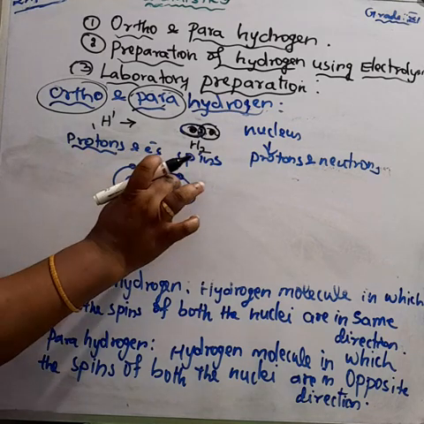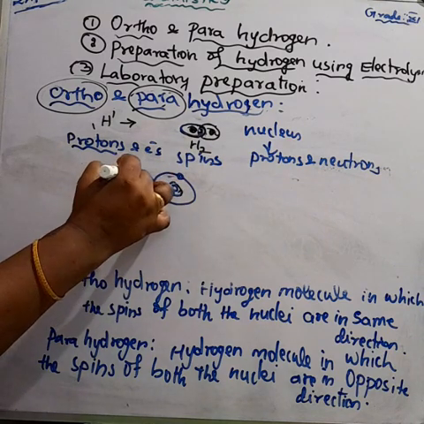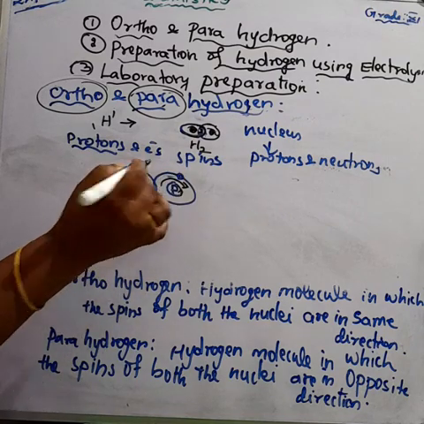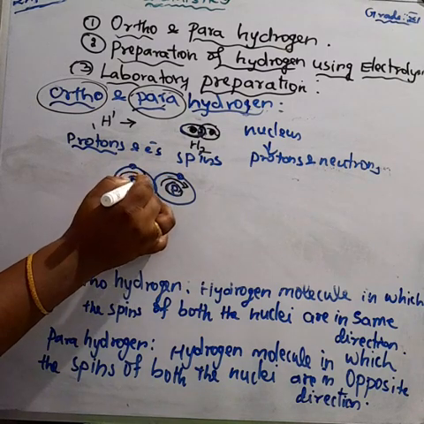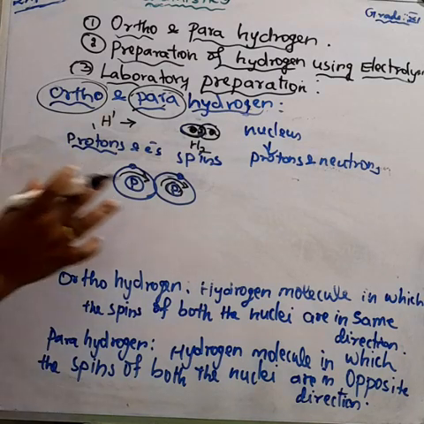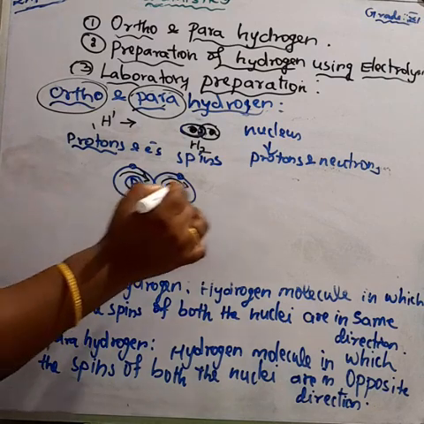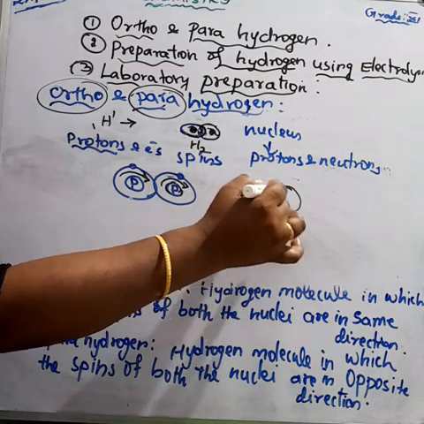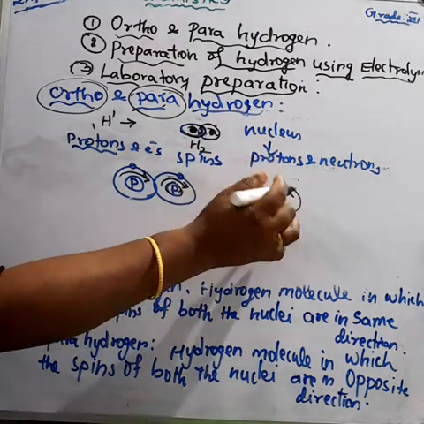The spins of the two hydrogen nuclei can be in the same direction, clockwise, or in the opposite direction. So spinning takes place either in the same direction or in the opposite direction.